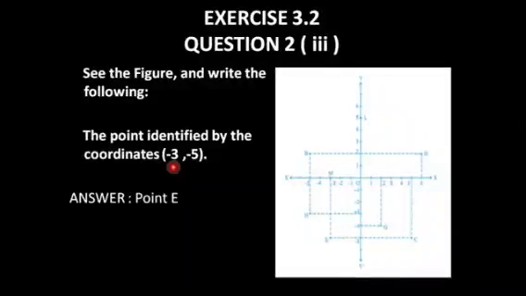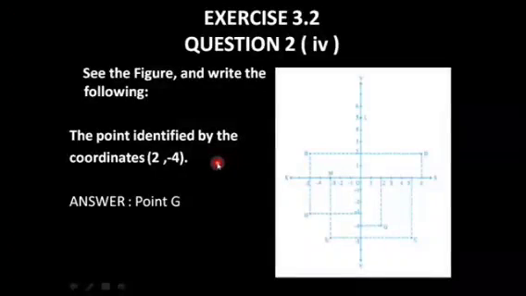So let's find where is -3 on my Cartesian plane. Yes, here it is, -3. And then the y coordinate should have -5. So here it is -3 and -5. So the point is point E. So the correct answer is point E.